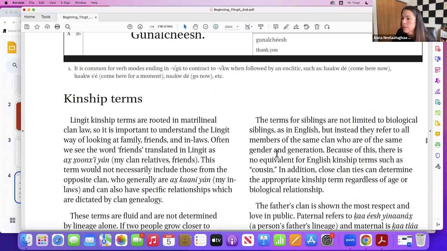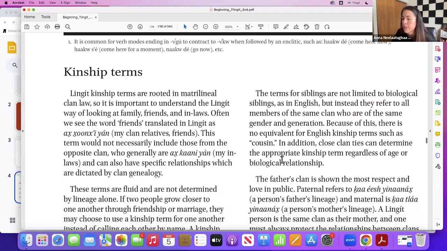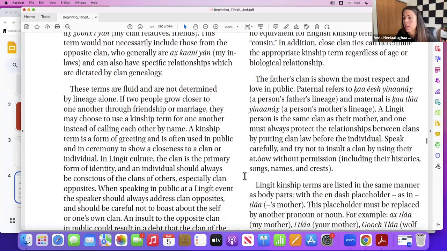I'm gonna zoom in. Often we see the word friends translated in Tlingit as achun, my clan relatives or my friends. This term would not necessarily include those from the opposite clan, who generally are achkaniyan, my in-laws, and can also have specific relationships which are dictated by clan genealogy.